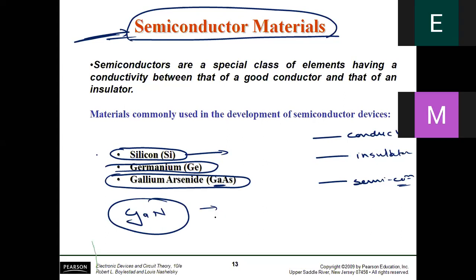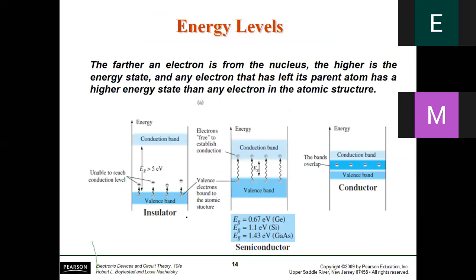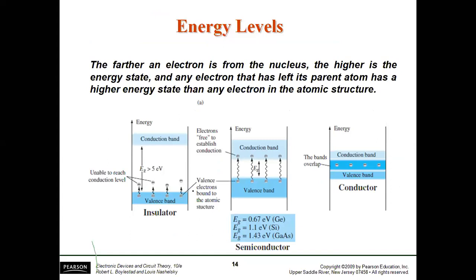So now we can categorize. How do we categorize the material? We basically use this parameter, energy levels, the energy band diagram. For an insulator, this energy gap is greater than 5 eV. We have the valence band.